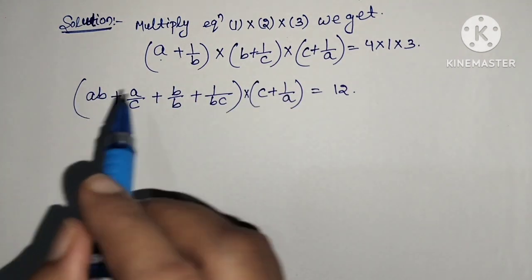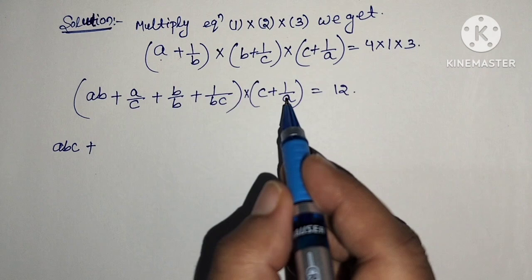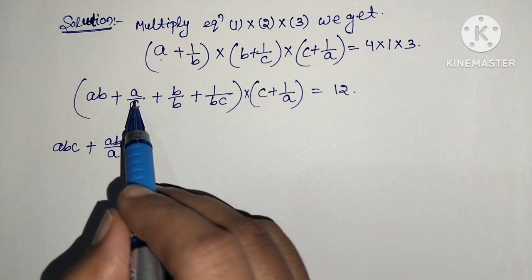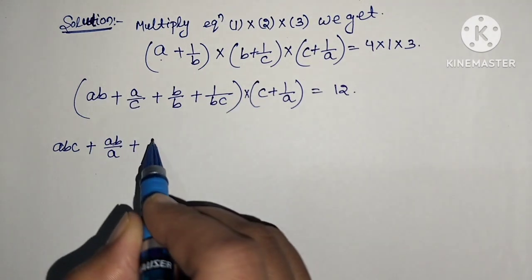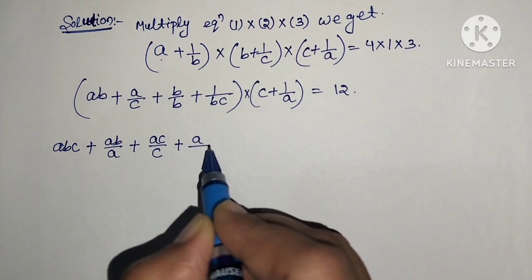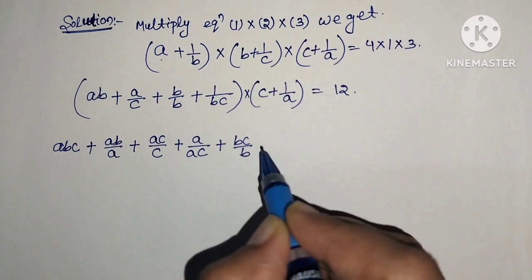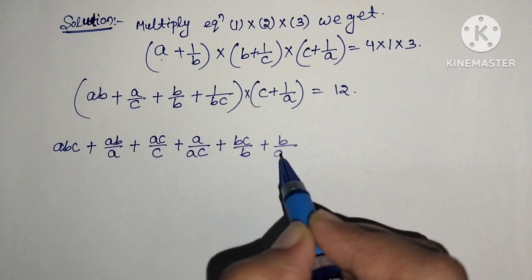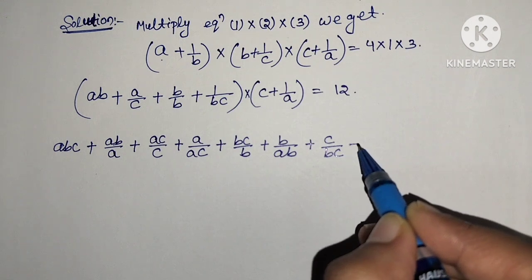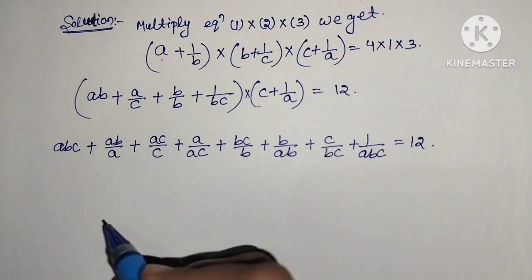ABC into AB into C, it is ABC, plus AB into 1 by A, AB by A, plus A by C into C, it is AC by C, plus A by AC, plus BC by B, plus B by AB, plus C by BC, plus 1 by ABC is equal to 12.